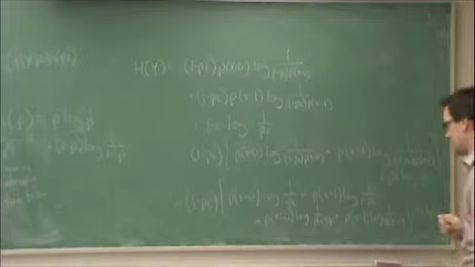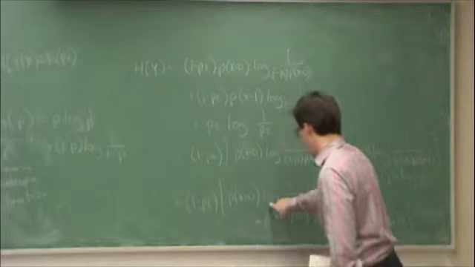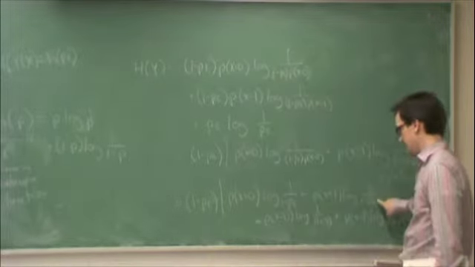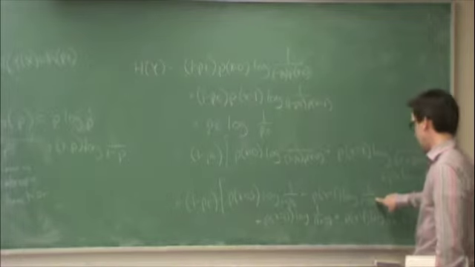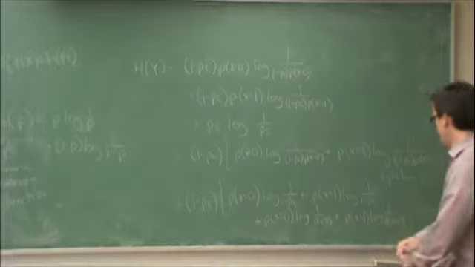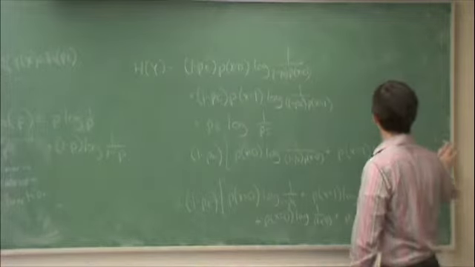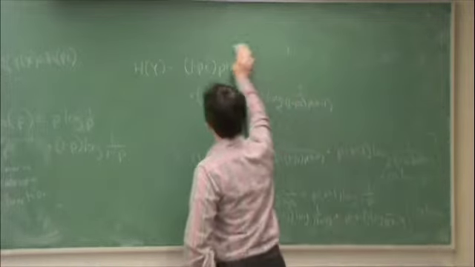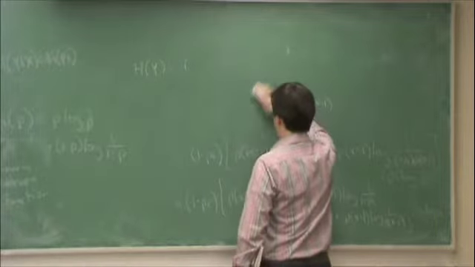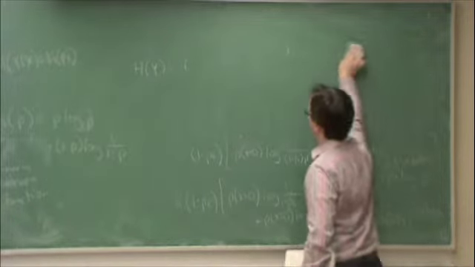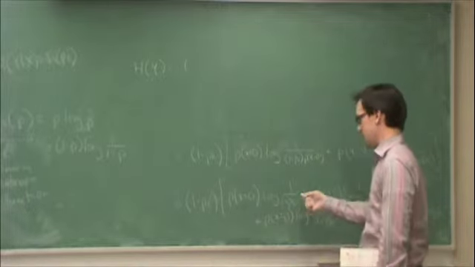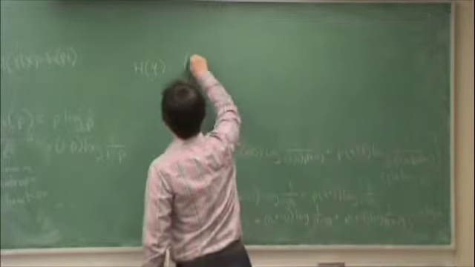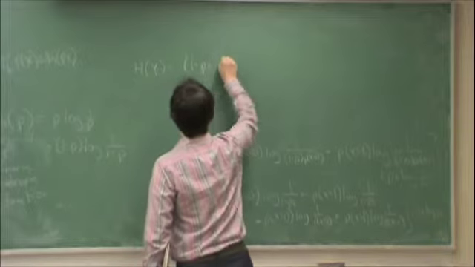So what I end up with, this is log 1 over 1 minus PE, this is log 1 over 1 minus PE. So I have P x equals 0 plus P x equals 1 times log 1 over 1 minus PE. And that just becomes log 1 over 1 minus PE. So I have 1 minus PE.